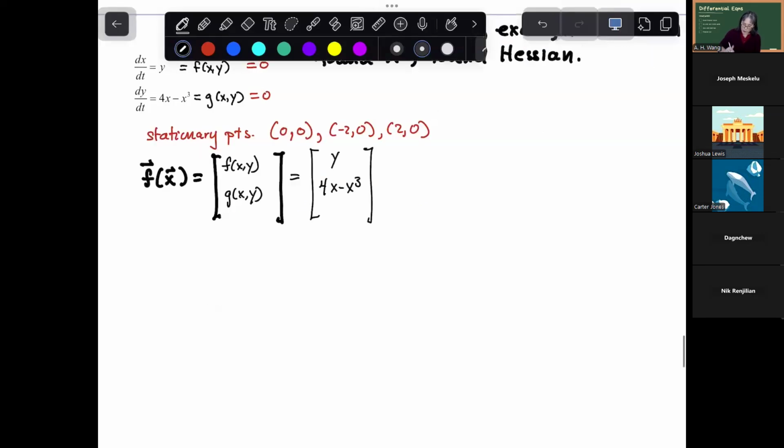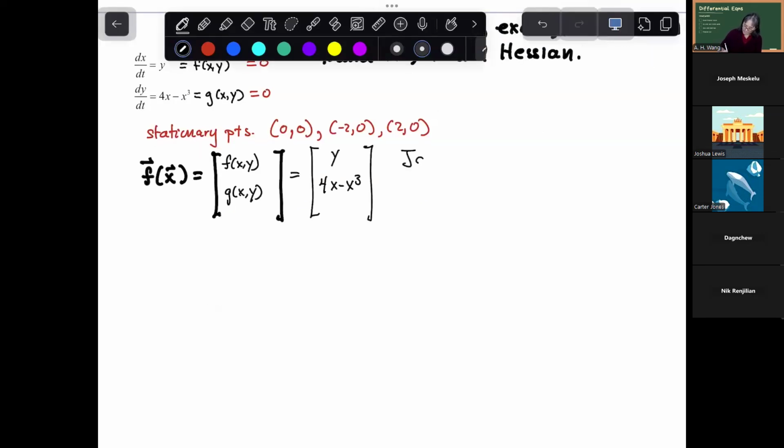Let's write down the Jacobian. The Jacobian is first partial of this. In fact, I'll make it bold so that you can see this. We're going to do partial of f with respect to x, partial of f with respect to y, partial of g with respect to x, partial of g with respect to y.